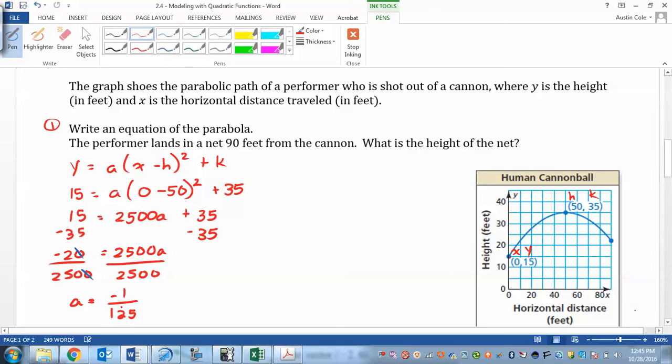Now, if you divide that on our calculator, I think you'll get 0.008. If you want to use that, you could. I'm going to keep it in this fraction. Actually, let me put it in a decimal. That is negative 0.008. Is that right?